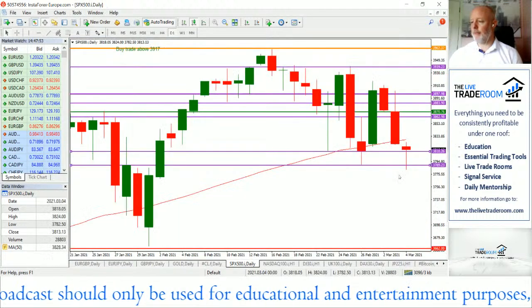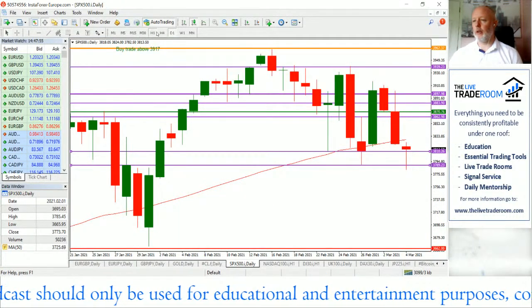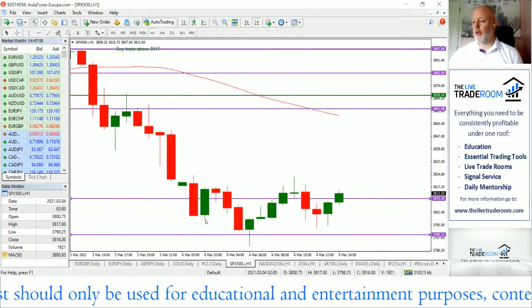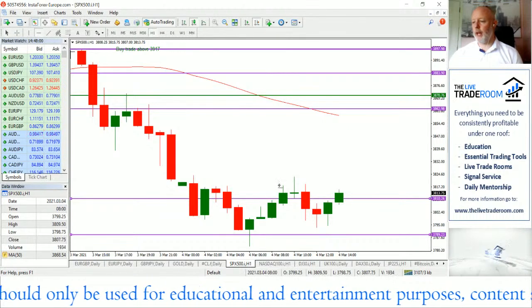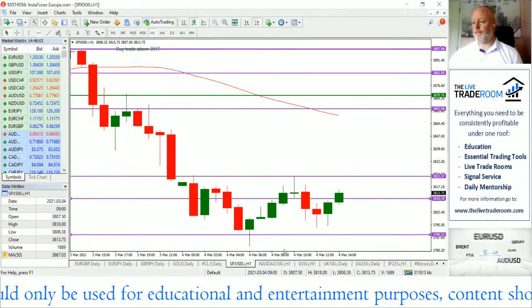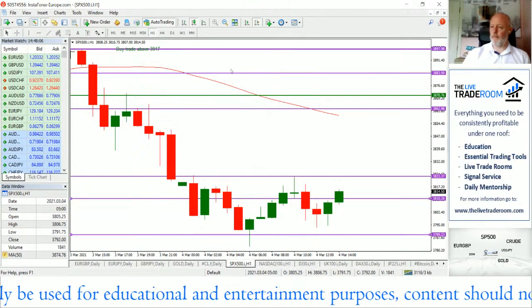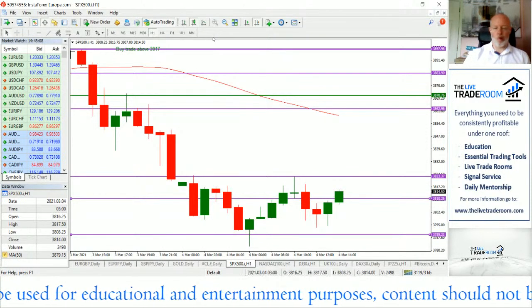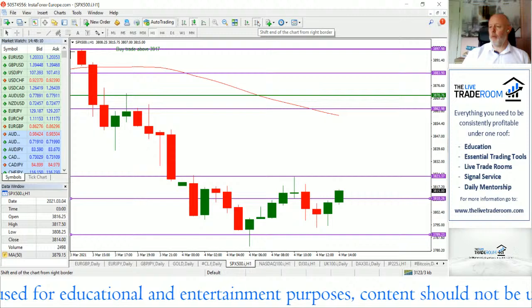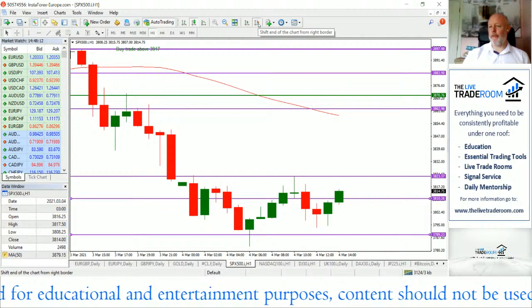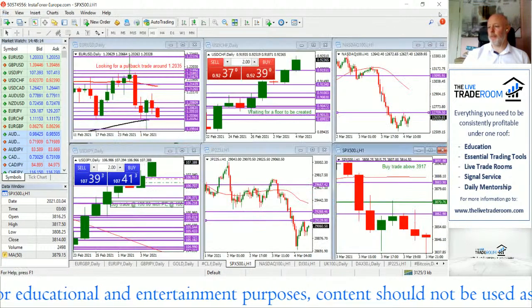Just want to have a look at the S&P, see what this is doing. So we're just trading this in a sideways fashion. There's your consolidation now for, you know, the last 12-13 hours. So we will keep our options open for a US buy trade.